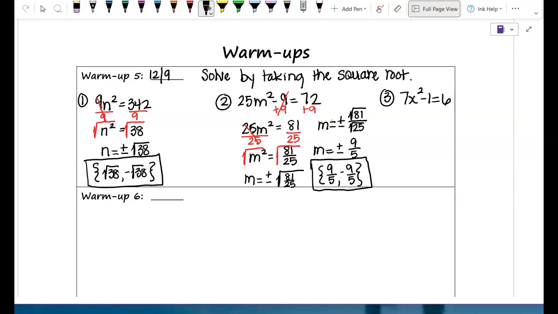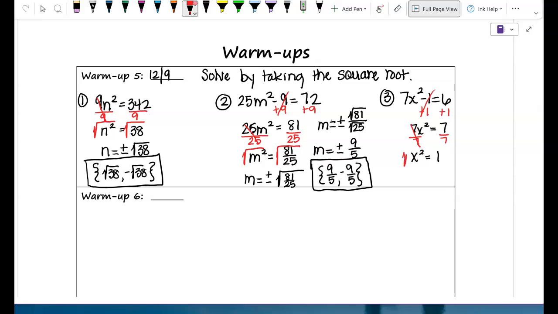Then the third one, 7x squared minus 1 equals 6. So again, I'm going to add 1 to both sides. So 7x squared equals 7. Divide both sides by 7 and get x squared equals 1.